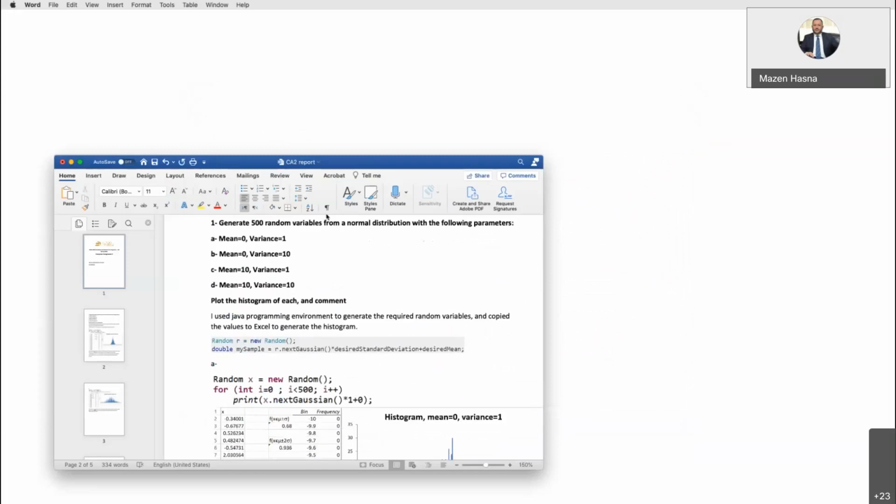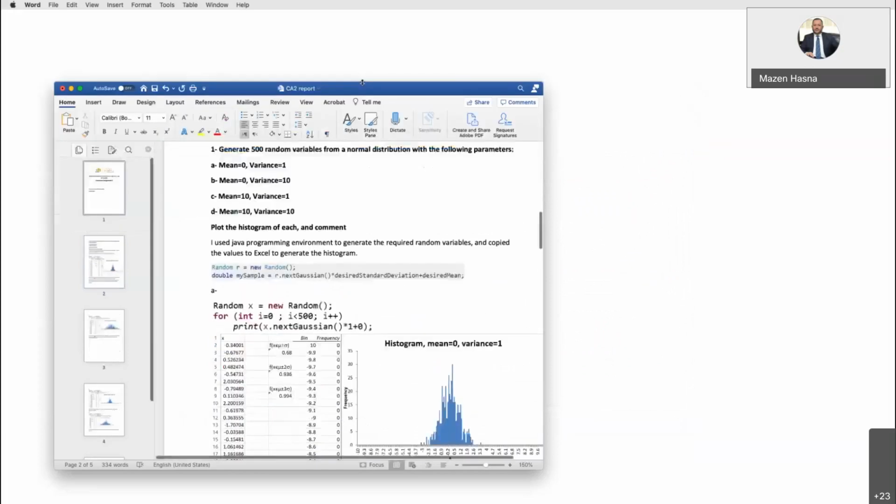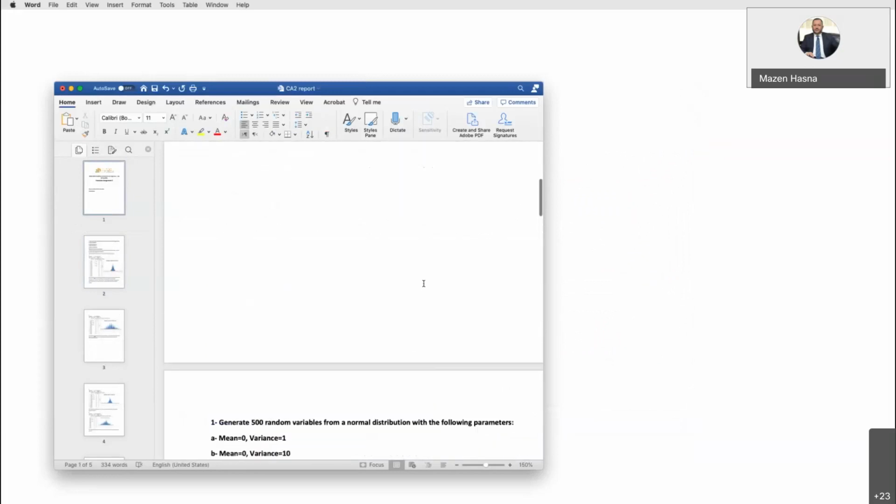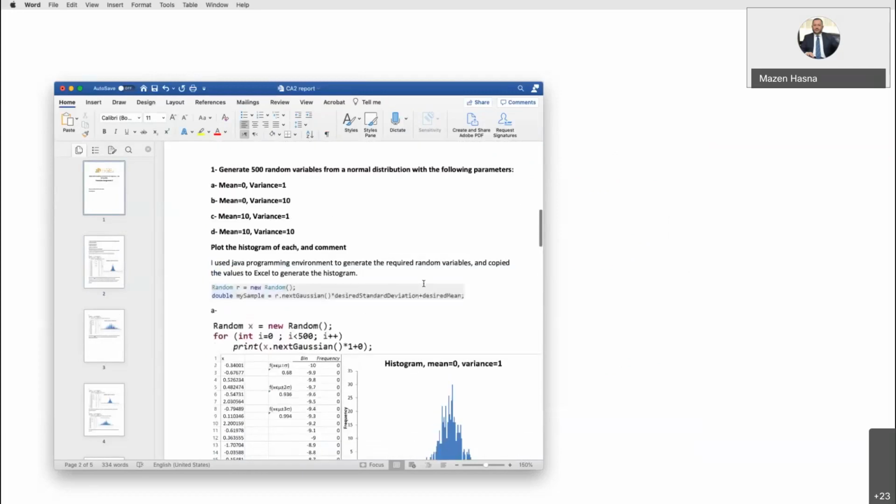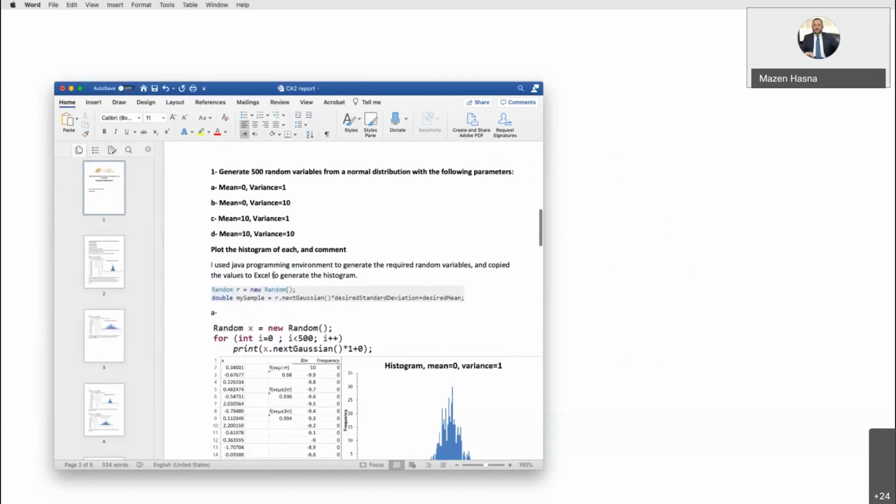This guy, another student, decided to do it using Python or Excel. I'm not sure. Is this Python or Excel? I use Java programming environment to generate the required random variable and copy the values to Excel to generate the histogram.